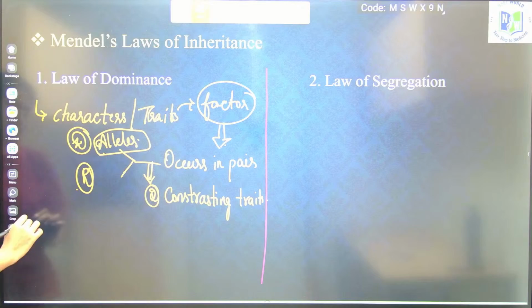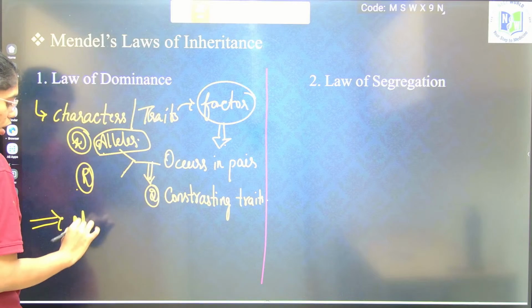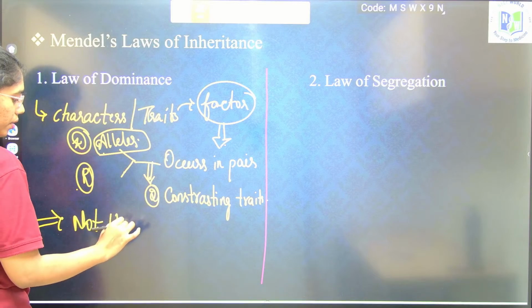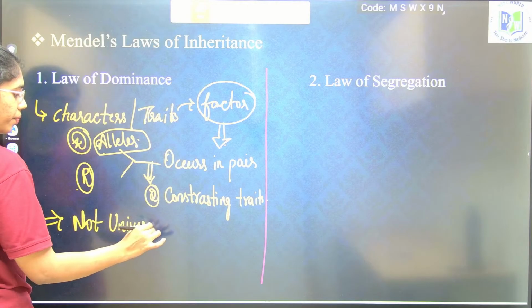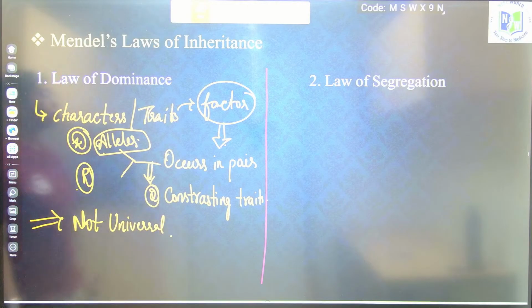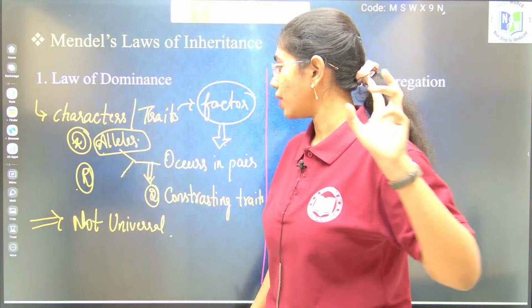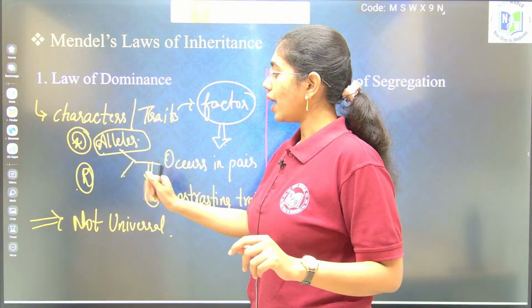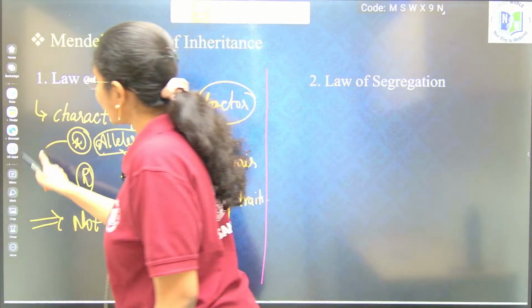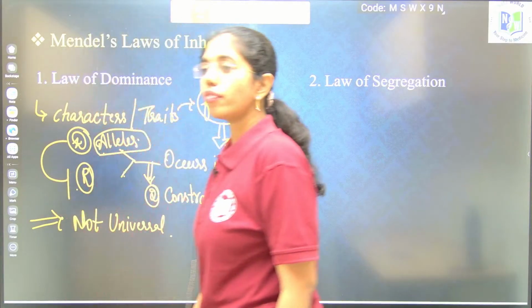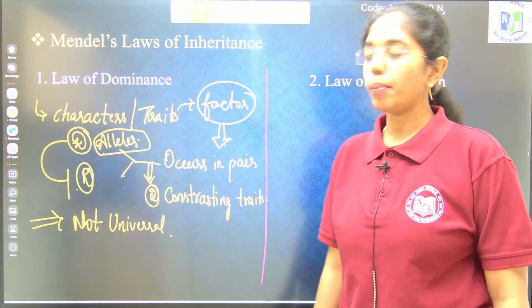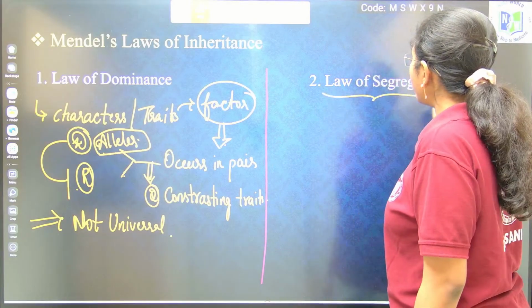And remember, law of dominance is not universal. Characters are coded by factors, factors occur in pairs and each pair will have one dominant allele and one recessive allele. Dominant allele will mask the effect of recessive allele. Remember that.